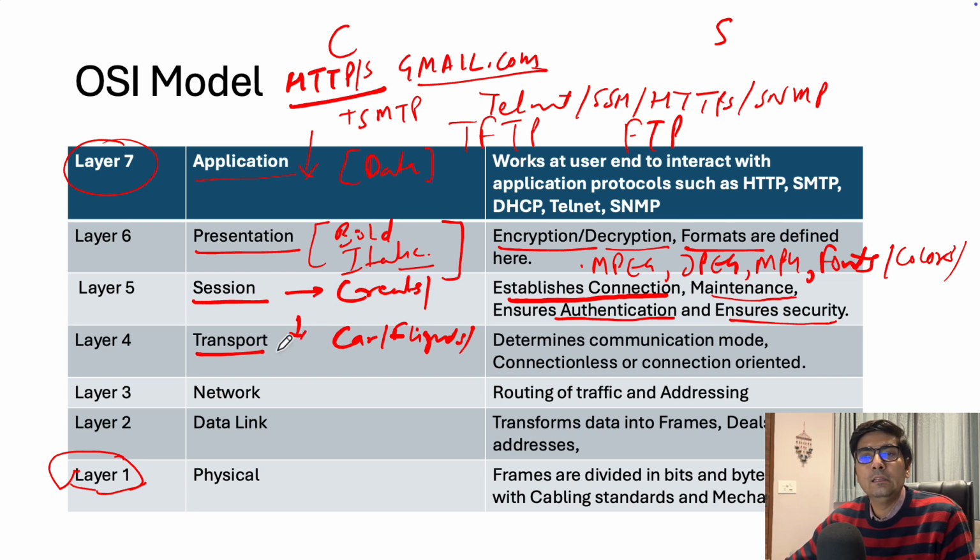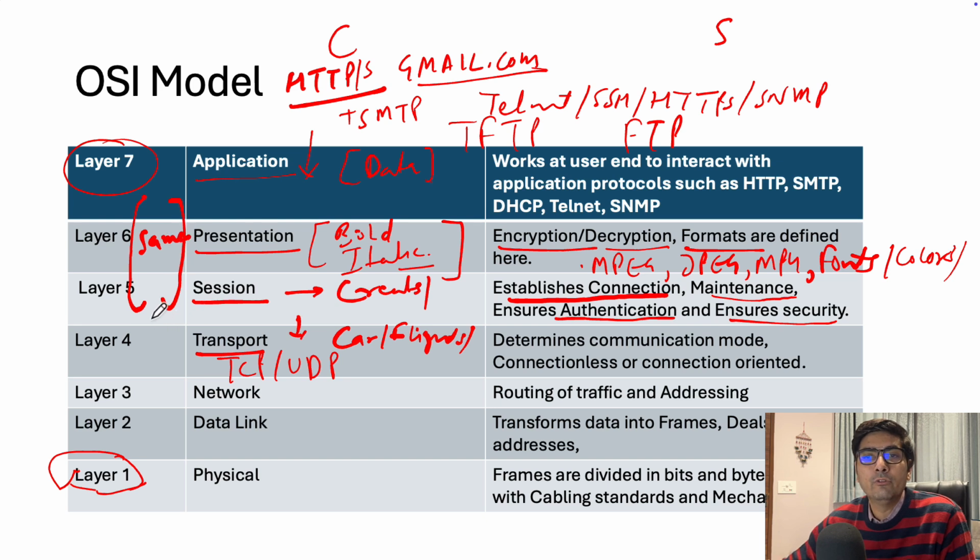So similarly in networking we have either TCP or UDP. So these are the two protocols which work at the transport layer. All right, so here the data is not changed in the first 3 layers, it remains the same.